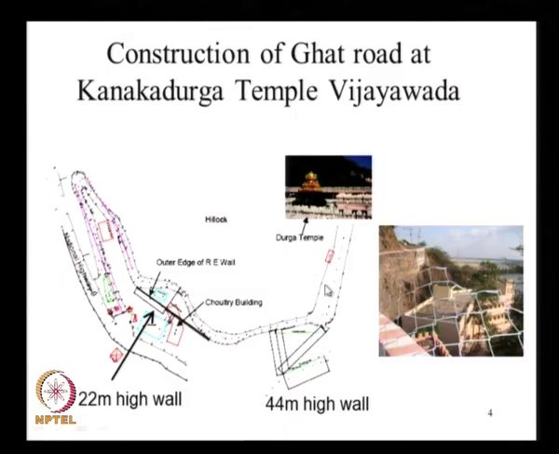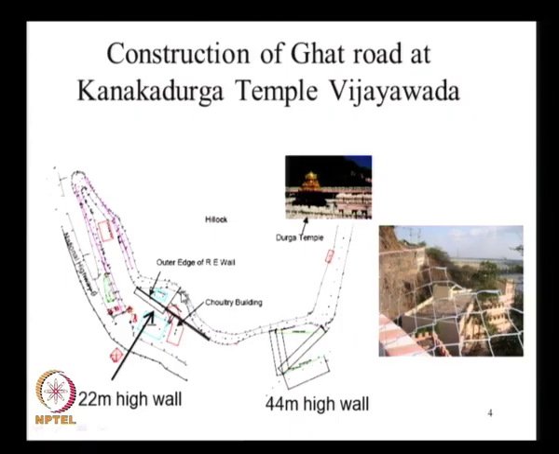So the back side of this Ghat road is all fully hillock area, hill, and a photograph of the overall site conditions is shown here. Actually this is the road, and that is the hillock, and this is the bottom level of the road.